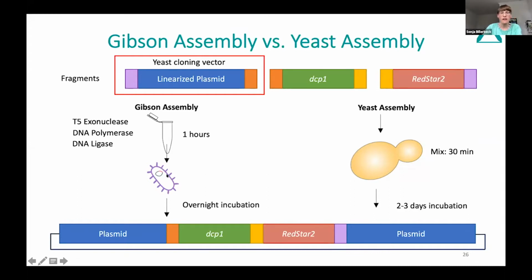Of course, E. coli and Saccharomyces cerevisiae are 2 different organisms, so they need different components in the plasmids for replication. So we need a yeast origin of replication and also yeast selection markers present on these plasmids. Again, I will go a little bit deeper in the next slides, but keep that in mind. It's not exactly the same components, but the genes stay the same, and the concept of these homologous ends is the same.